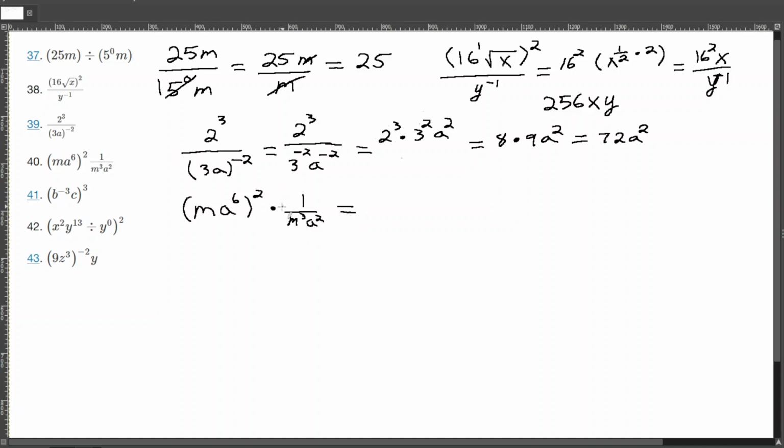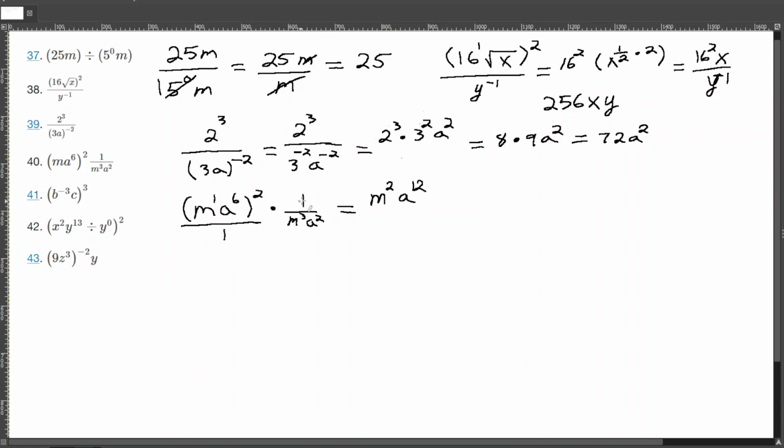So we'll do the power rule, and what I want you to think of is this is all a whole number, so we can add 1 under it. m to the 1st power times 2, that's the power of a power rule, so that ends up being m squared. That's a to the 6th times 2, so that's a to the 12th.